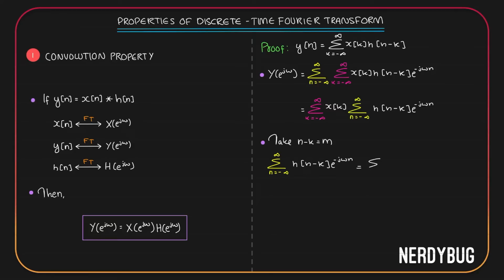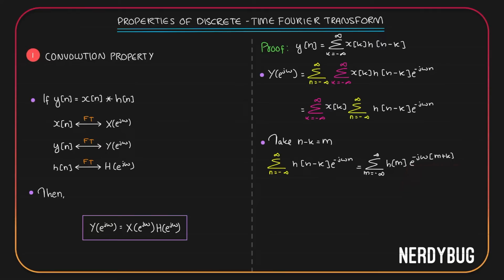So we can write summation from m equals minus infinity to infinity, h of n minus k becomes m, e to the power minus j omega n is now m plus k. We have e raised to minus j omega times m plus k. It can be split into two. e raised to minus j omega m multiplied by e raised to minus j omega k.